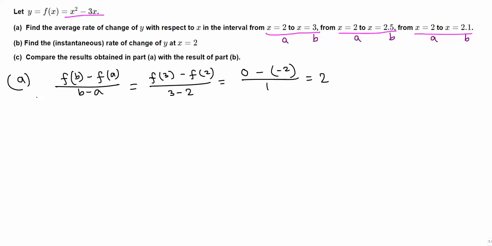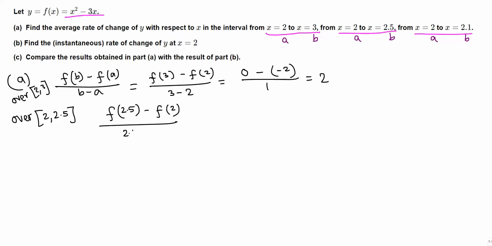Let me write, this is over the interval 2 to 3. Next, over the interval 2 to 2.5, same formula. So f of the next point, f(2.5) minus f(2), over 2.5 minus 2. Now use your calculator and evaluate f of 2.5. Plug in x equals 2.5 here: 2.5 squared minus 3 times 2.5, and you're going to get minus 1.25.